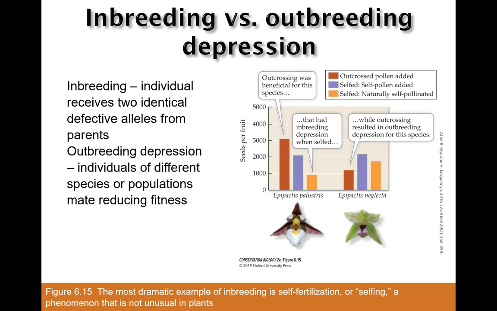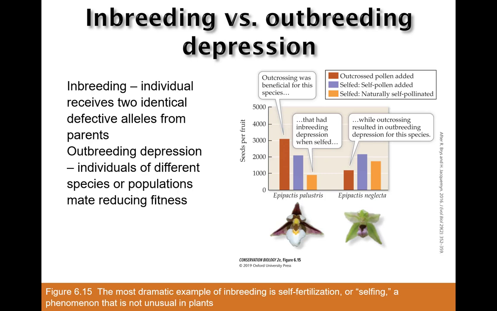We also have the example of breeding a donkey with a horse to create a mule, and those mules are usually no longer fertile.